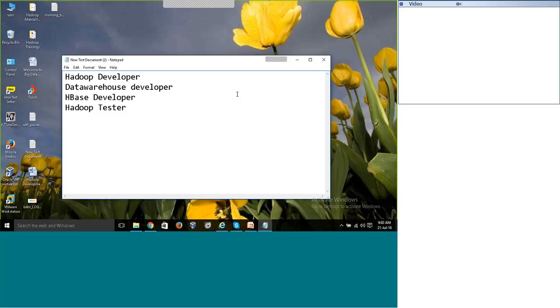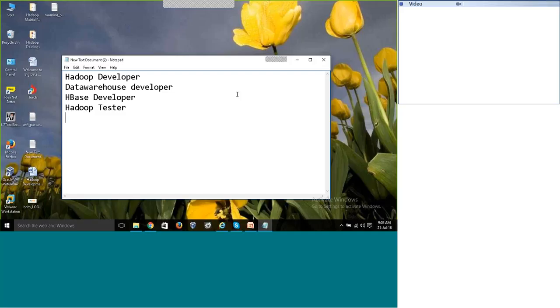They have MR Unit, which is a testing framework used to test your MapReduce programs. And they also use some third-party tools to test all your Hadoop components.